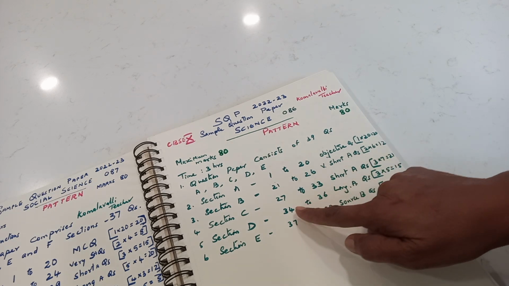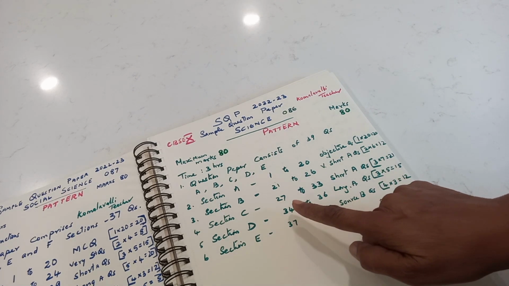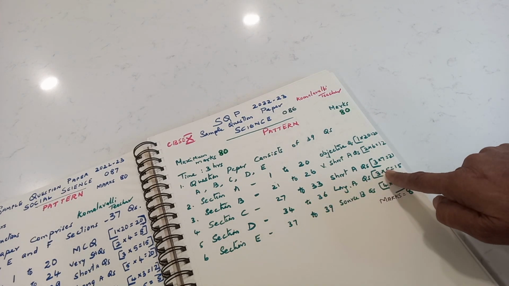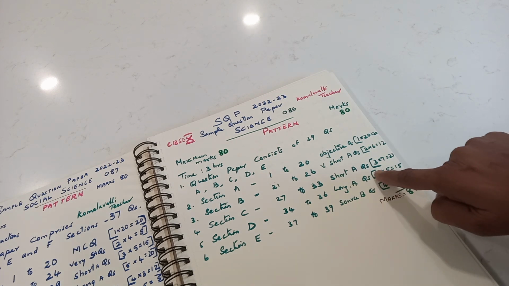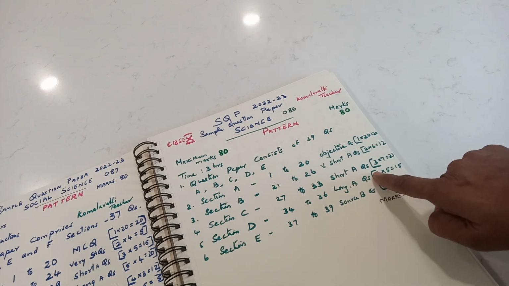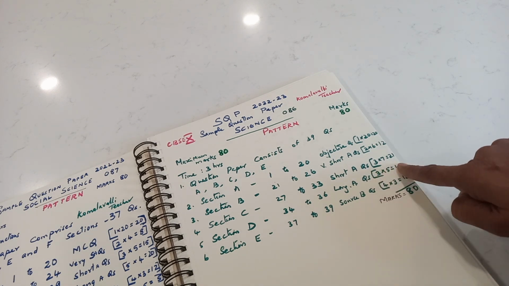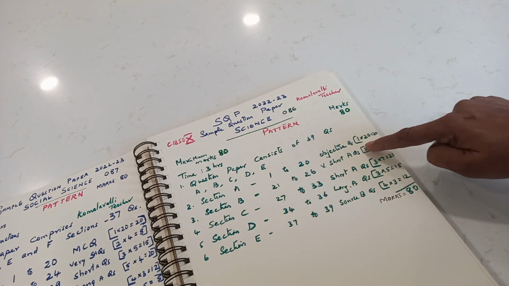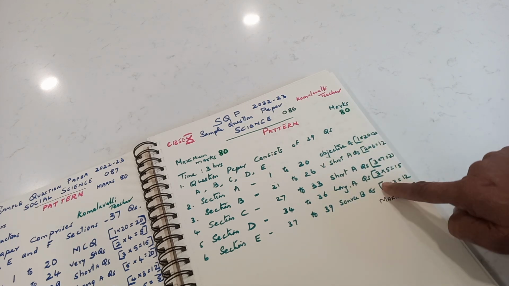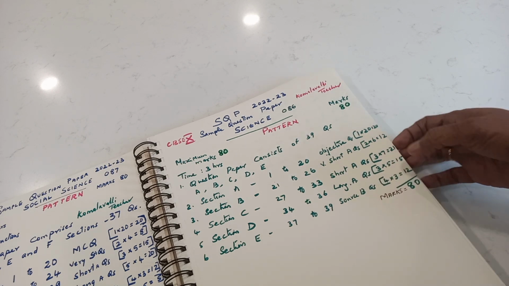So here 34, 35, 36, 3 questions. I have made a mistake here, I will correct it. That is here 5 mark questions 3, that is 5 into 3, 15. So 1 mark, 2 mark, 3 mark, 5 mark, again 4 mark. This 4 mark is source-based, case-based questions.